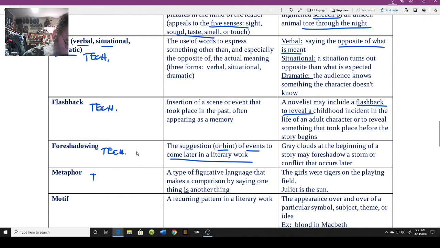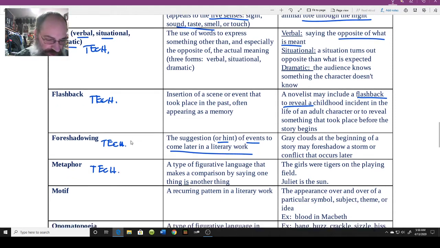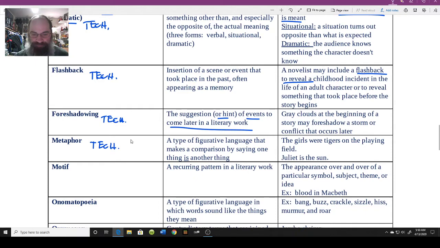And then metaphors are techniques. The purpose of a metaphor, for the 90 millionth time, I'm only going to say it 90 million more times, the purpose of a metaphor is to make the unfamiliar familiar.